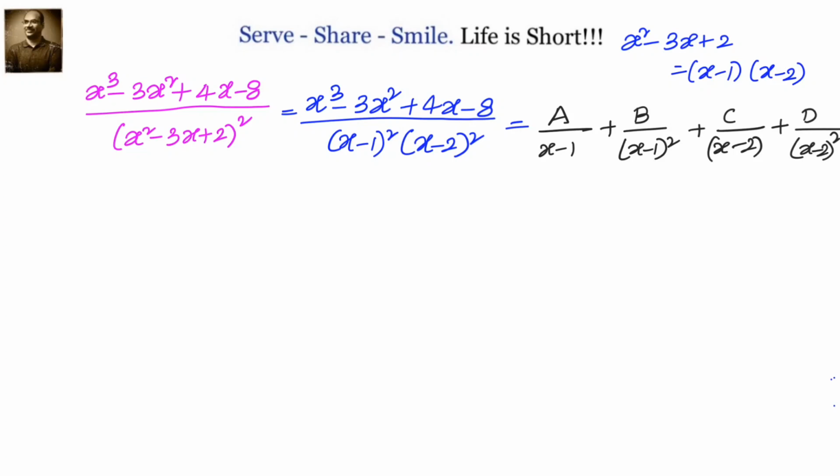Now let us try to take the LCM here and get the numerator on the left hand side and right hand side.